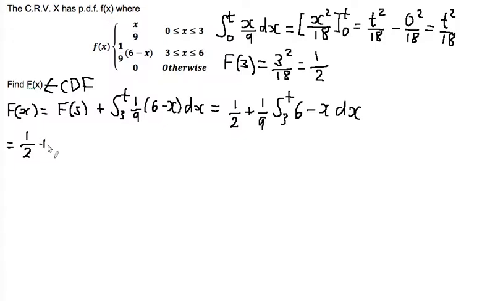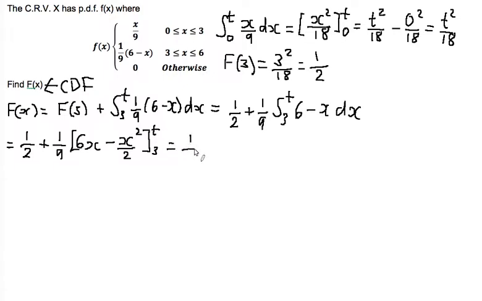So now we get plus, don't forget the 9th, the constant we took outside: 1/9 times, if 6 gets integrated, it's constant, so it goes to 6x, minus, if I integrate x, it goes to x squared divided by the new power, which is 2. I'm going to evaluate this over the range 3 to t.